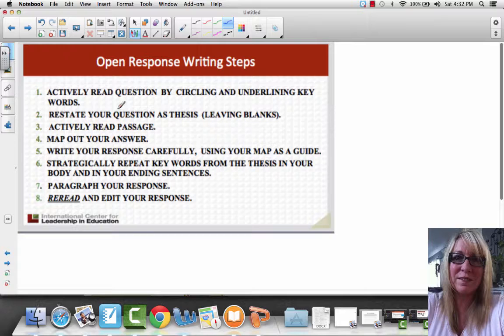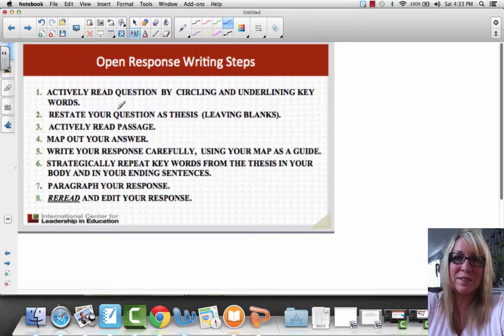Let's take a look at this open response writing steps to see where we are at this point. We have already completed numbers 1, 2, and 3, having actively read the question, understanding what the question is asking, and actively reading the passage, as we have just annotated and underlined our document. So now our next step is to map out our answer.